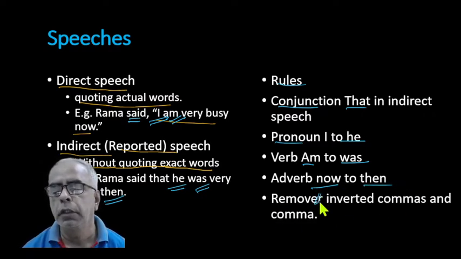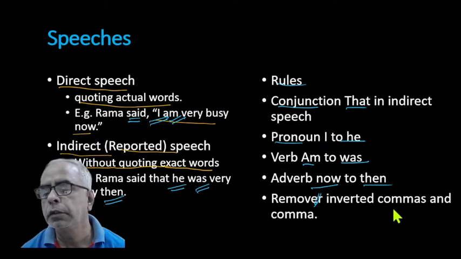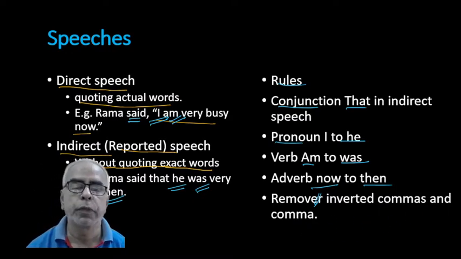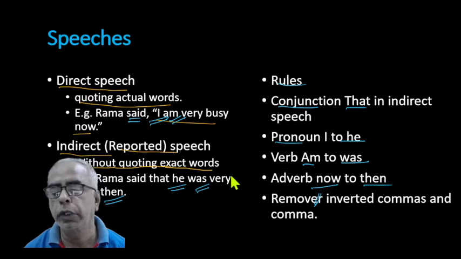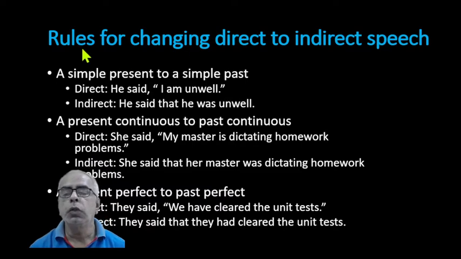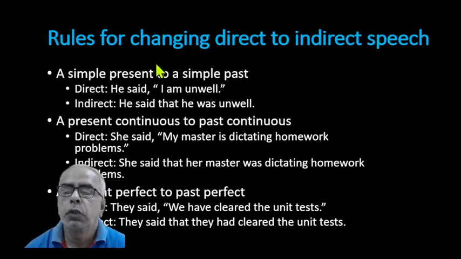Then remove the inverted commas and comma in the indirect speech, so that you can see here, no inverted comma, no comma. And then the rules for changing direct to indirect speech.